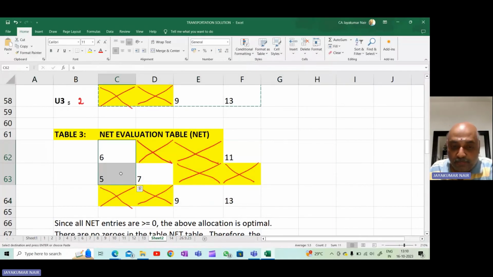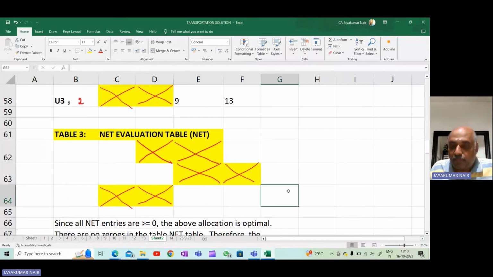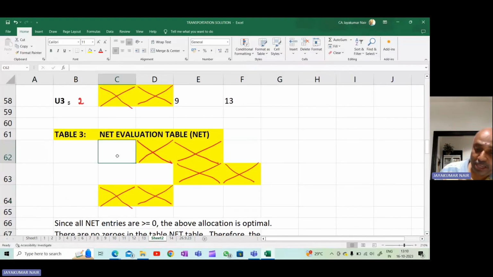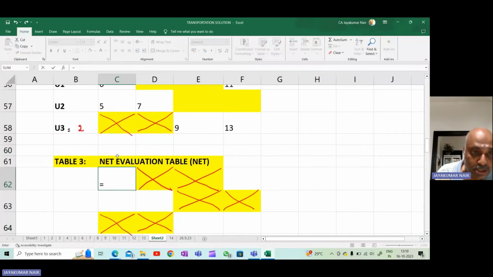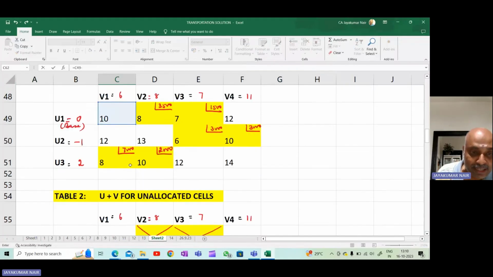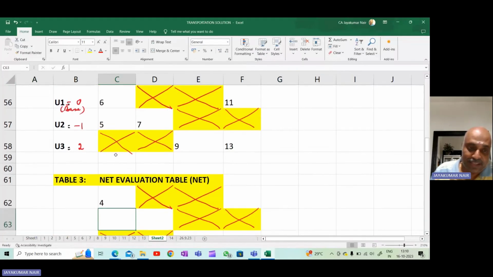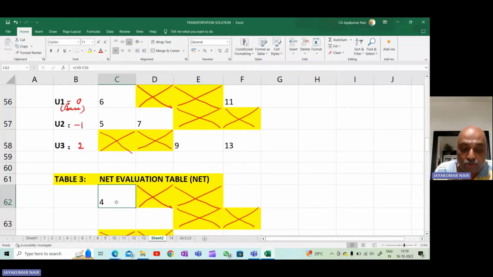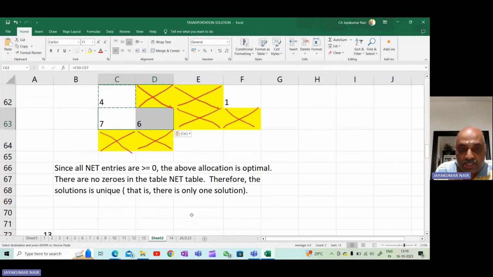Now I have to compute table 1 value minus table 2 value for unallocated cells. Table 1 value is 10, minus table 2 value is 6. So 10 minus 6 is 4. Similarly, find out for the other unallocated cells. So this is the net evaluation table.